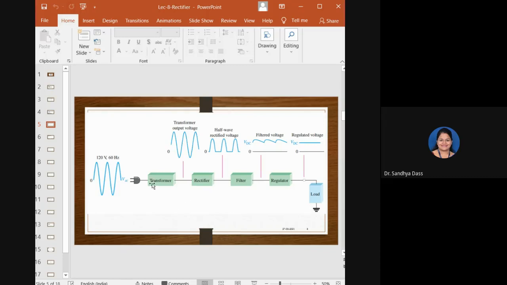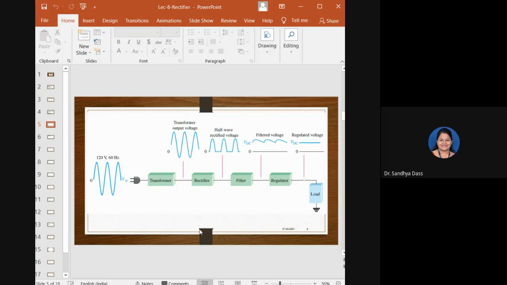The voltage used by the different electronic circuits, it can be computers, industrial controllers, or any instruments or equipment, all work on different levels of DC voltages.